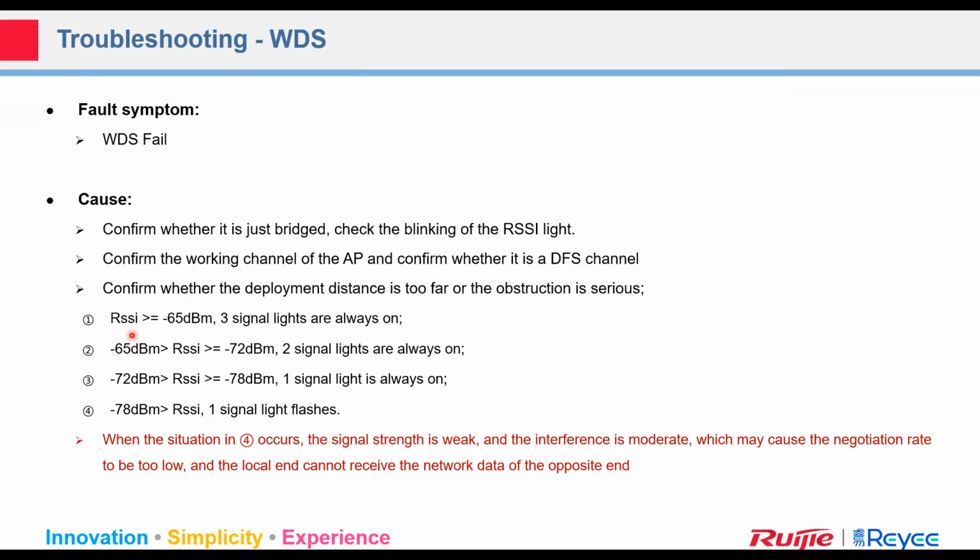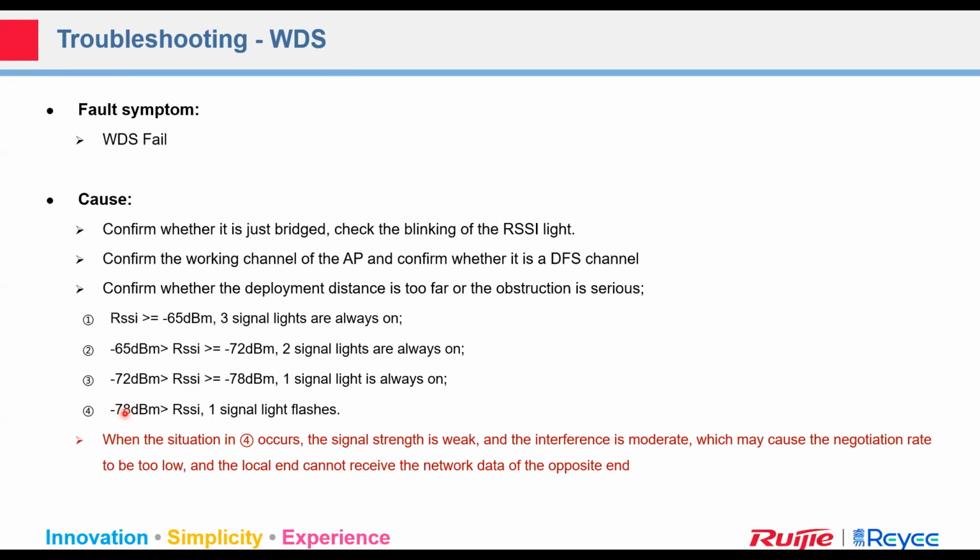If the RSSI is about minus 65 dB, the 3 signal lights will always be on. If it's about 72 dB, you get only 2 signals. 78 is 1 signal.